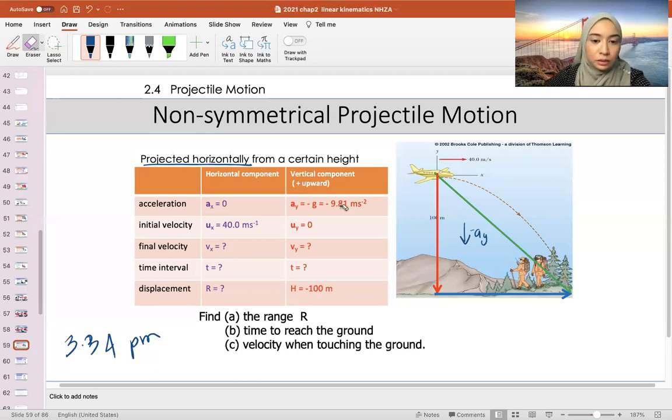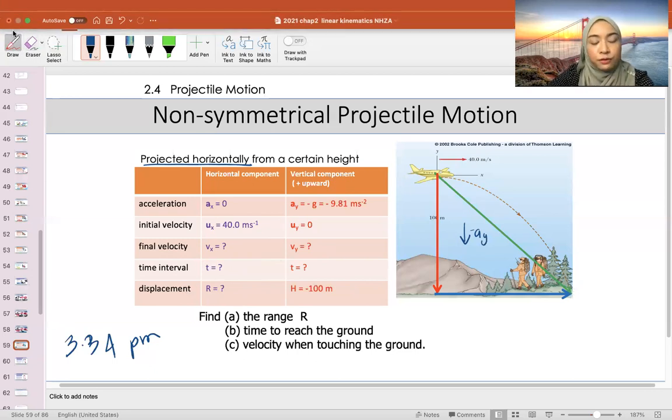Okay, so let's take a look at this table now. What is the final velocity? What is the final velocity in the y direction? What is the time interval, and what is the displacement, which is r? And here you already know that the h, or the maximum height, is 100, because they've given you in this diagram that the airplane started from 100 and this is where it landed. So it landed at 0.